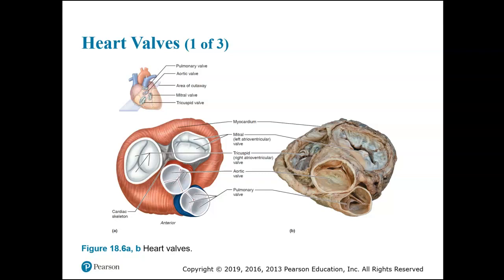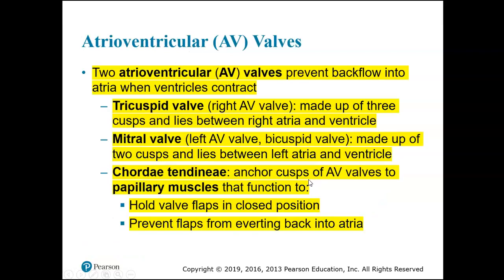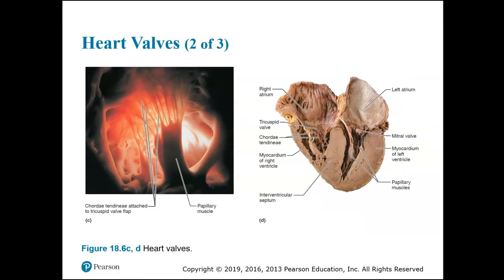You can see them here. You can see them closed. And the chordae tendineae or heartstrings anchor the AV valves to the papillary muscles. The purpose of the AV valves is to prevent the backflow of blood into the atria from the ventricles.